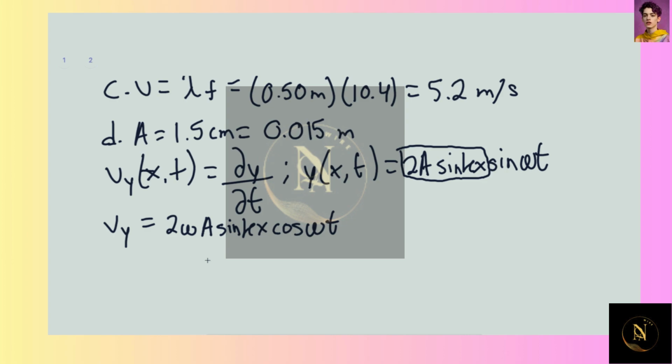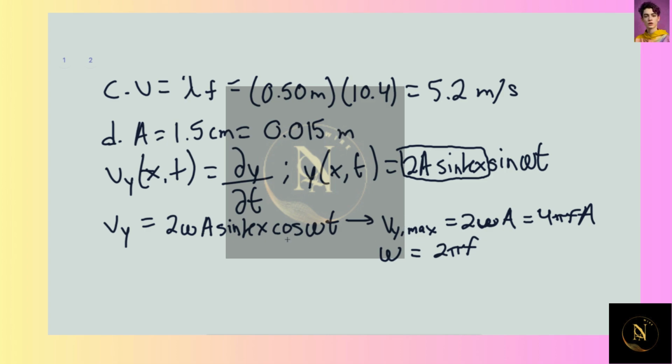At this point, we can say that we're going to have a max when these two are 1. So Vy max will equal 2 omega A. We know that omega is equal to 2 pi f. So we can make this 2 times 2, which is 4 pi f A. So that will be the maximum velocity in y at any given position.